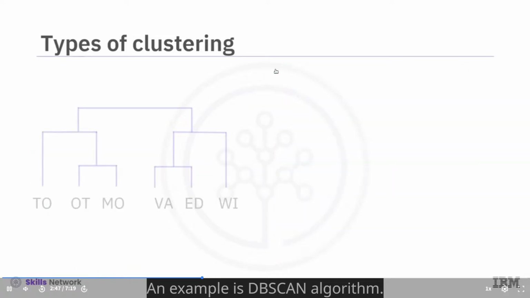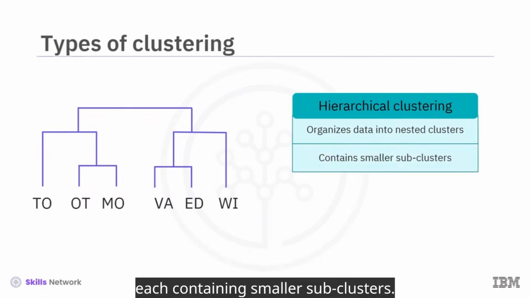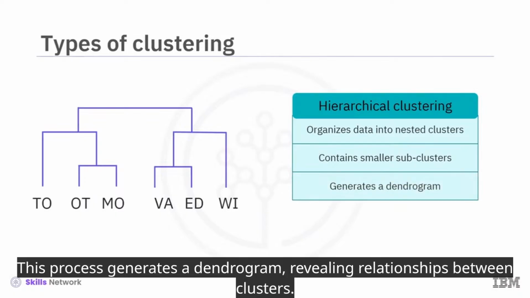Hierarchical clustering algorithms organize data into a tree of nested clusters, each containing smaller subclusters. This process generates a dendrogram, revealing relationships between clusters.